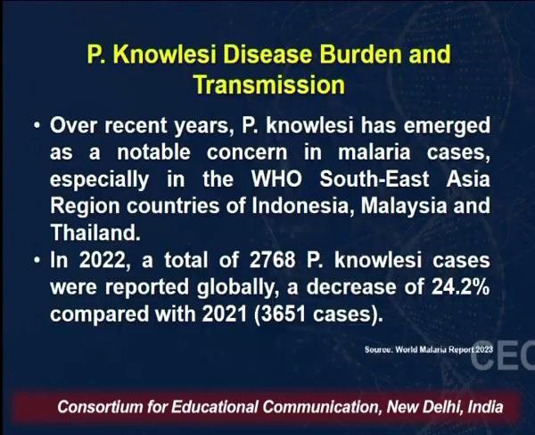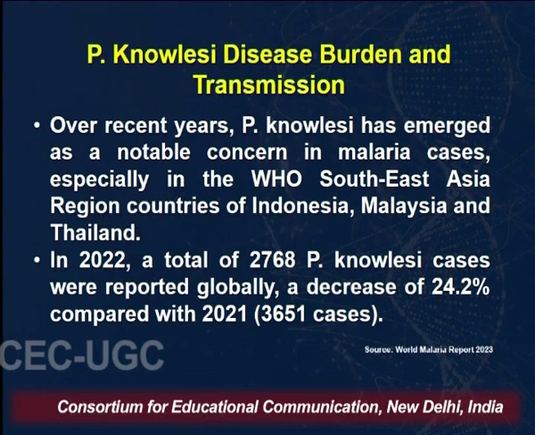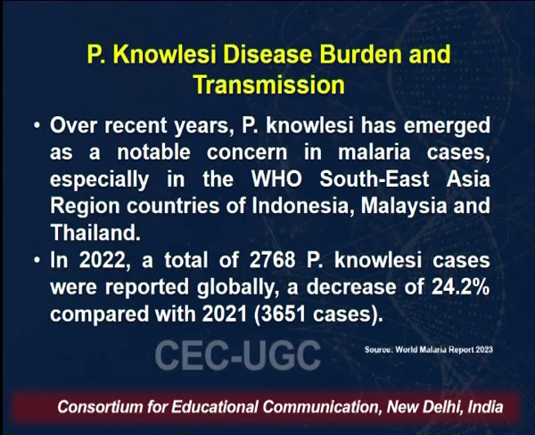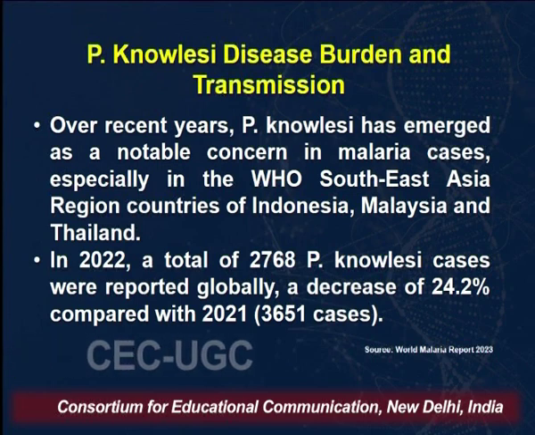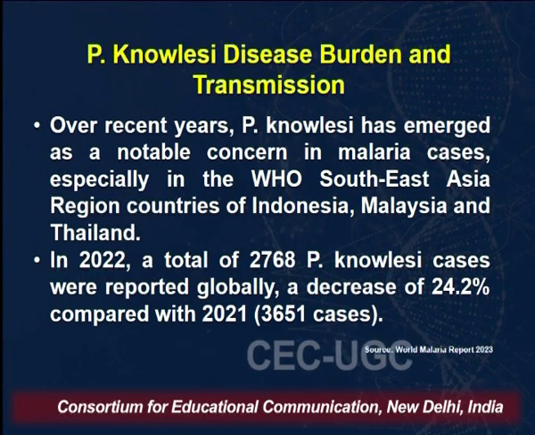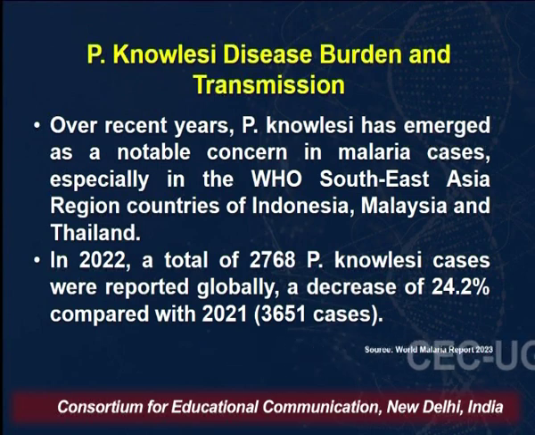Now, another species has been added. Initially there were 4 species, but a 5th species has come up, which is referred to as Plasmodium knowlesi. The Plasmodium knowlesi infection is also increasing, and it is adding to the burden of the transmission of malaria.